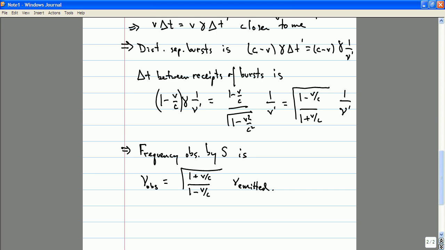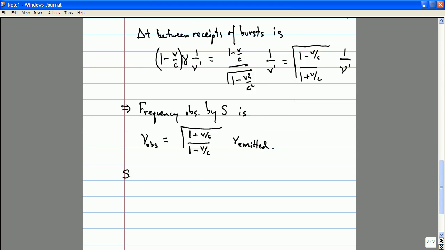Okay, let's take a minute and think about the implications of this formula. So, if v is positive, that implies that nu observed is greater than nu emitted.